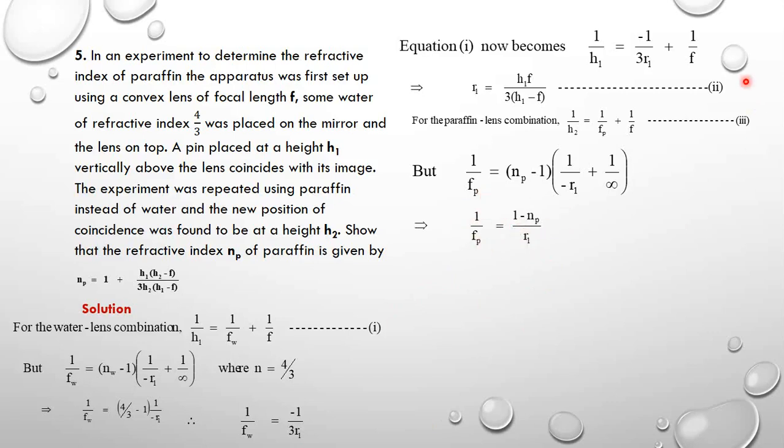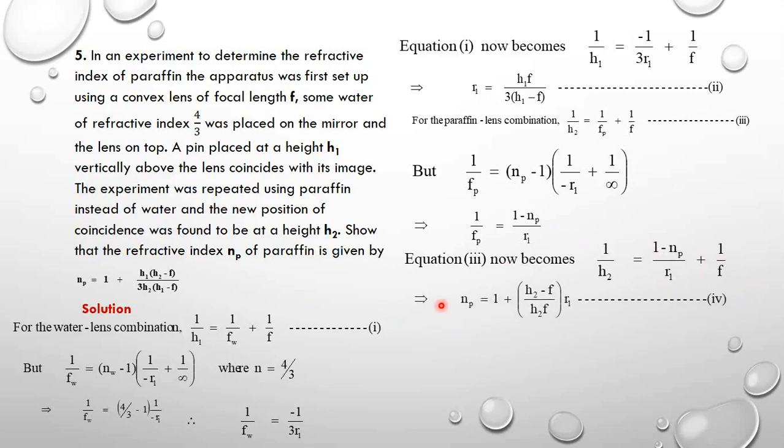Then we put this in equation 3. When you place that in equation 3, we have this, and from this we make Np the subject. You do your simple mathematics here, and when we make Np the subject, we call that equation 4.